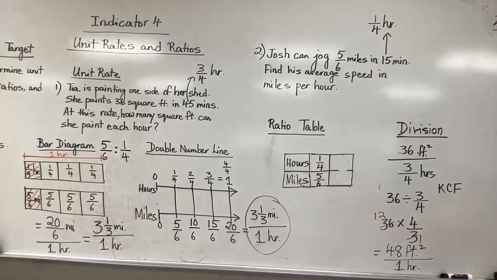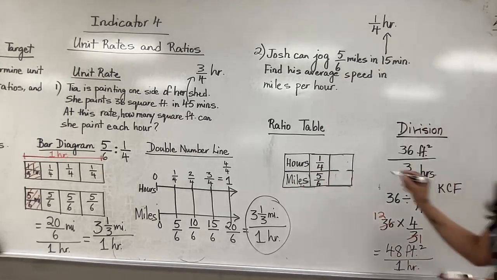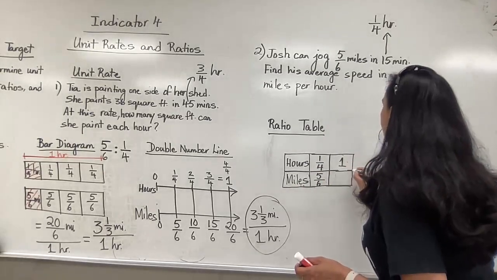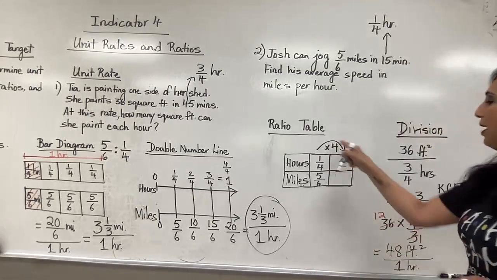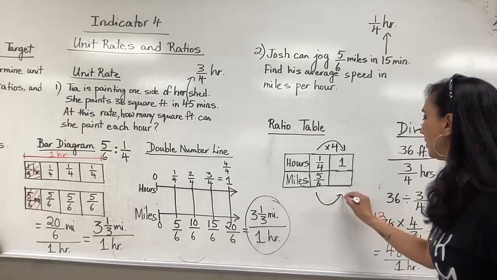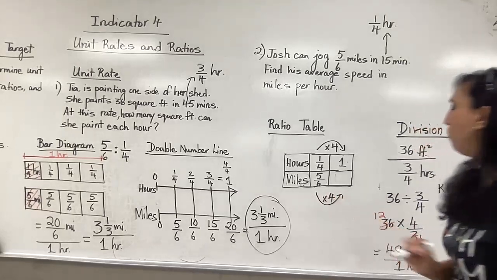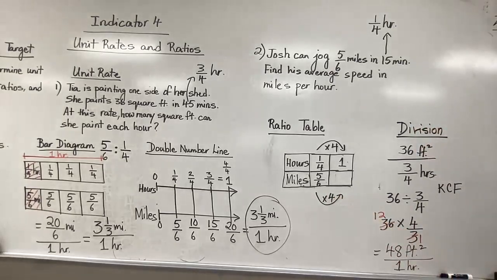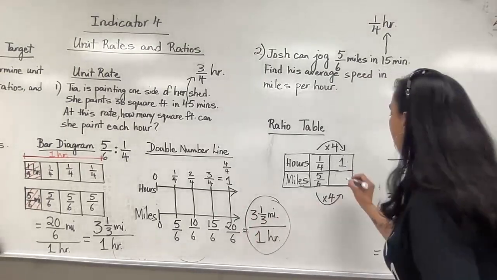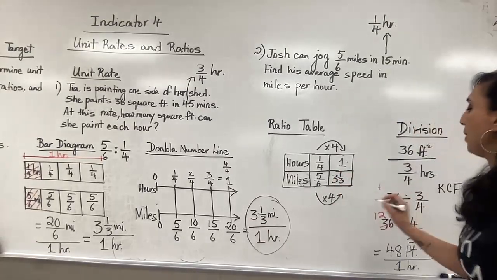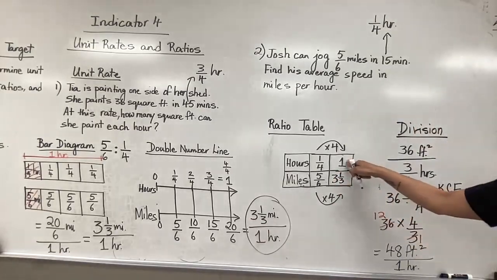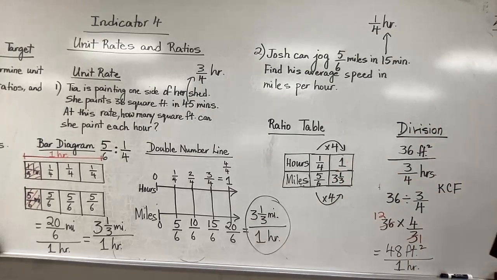All right, and so then in order for me to get 1 hour, I know that this is going to be times 4, and whatever I do to the hours, I do the same thing here, which is times 4, and I get 20/6, which is the same thing as 3 1/3 miles in 1 hour. So using ratio tables, as you can see, I'm getting exactly the same answer.